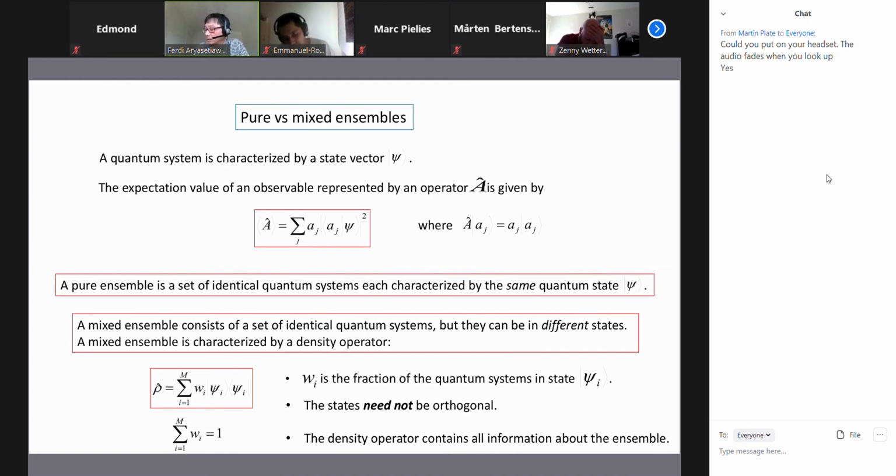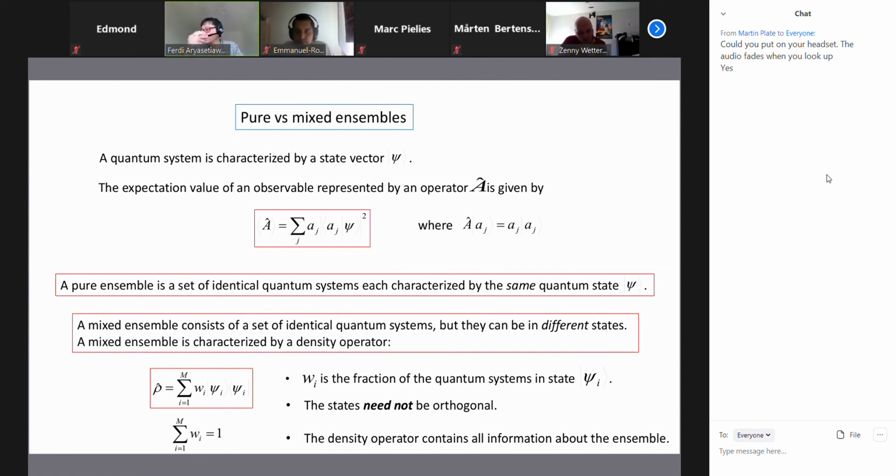This topic about density operators of pure and mixed ensembles is not really related to angular momentum, but the examples taken from angular momentum, for example for spins, are illustrative to describe this formulation of density operators. So the topic itself is quite independent of angular momentum, so it's a kind of digression here.